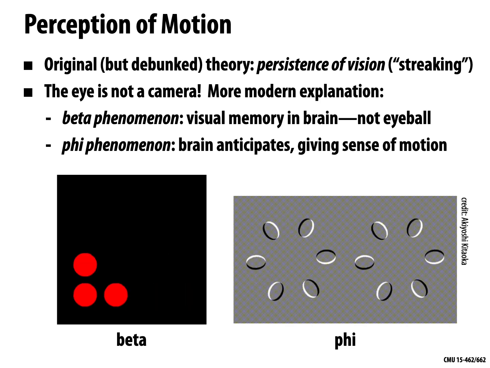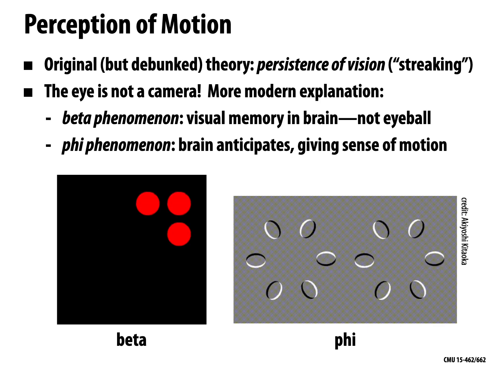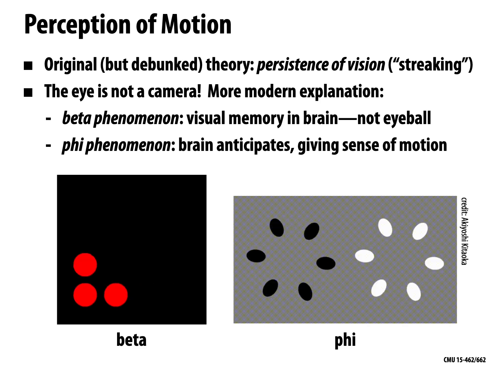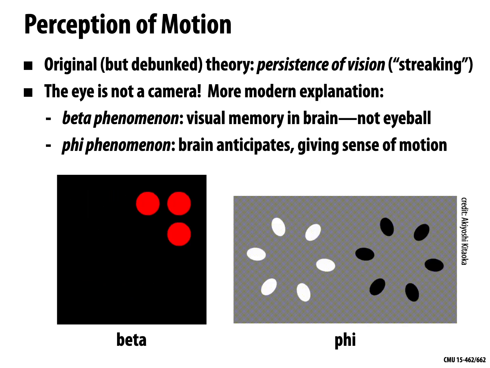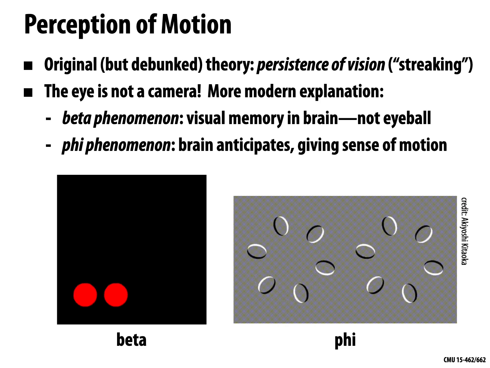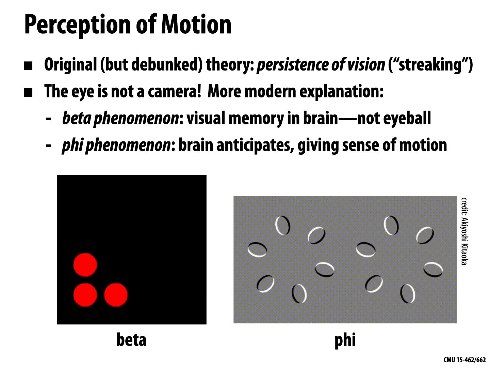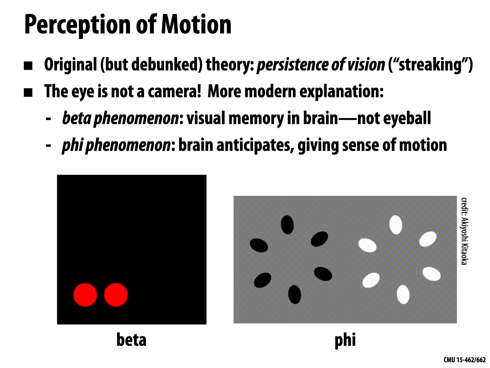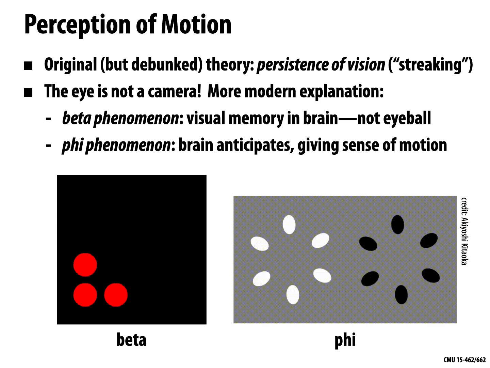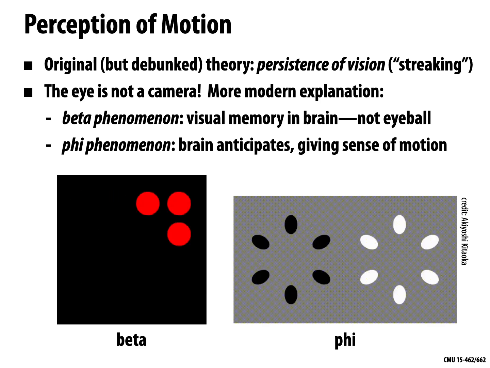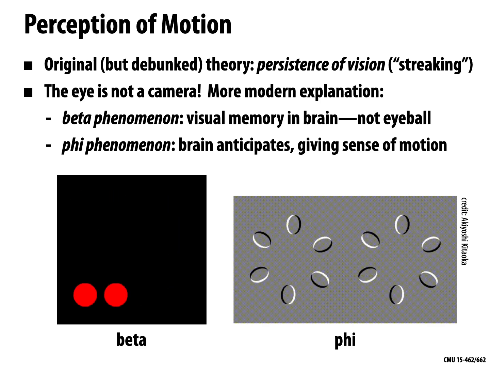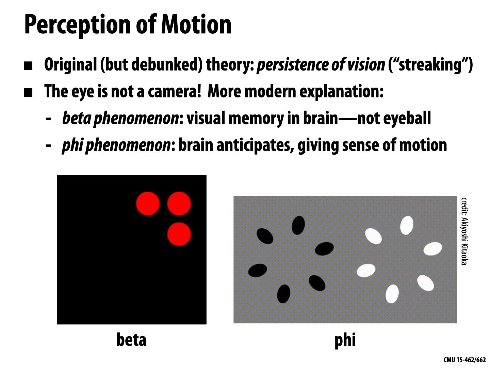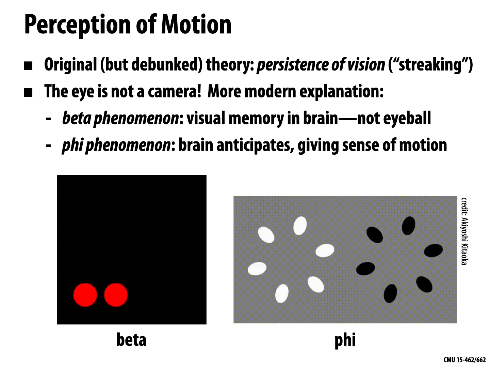These two little flowers on each side are actually rotating at exactly the same speed, but because the one on the right is flashing black and white faster than the one on the left, you get this stronger sense of anticipation that it's going to move forward quickly, right? And even after the illusion has been explained to you, this phenomenon is so strong that you still can't help but see one of them moving faster than the other.